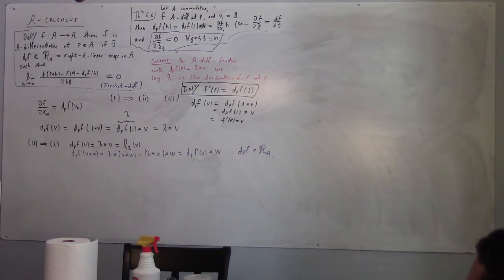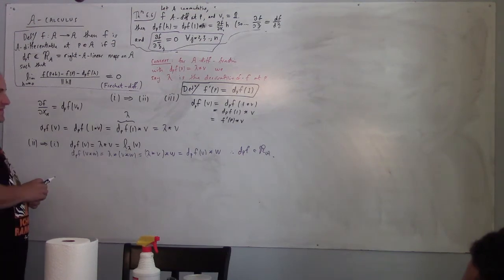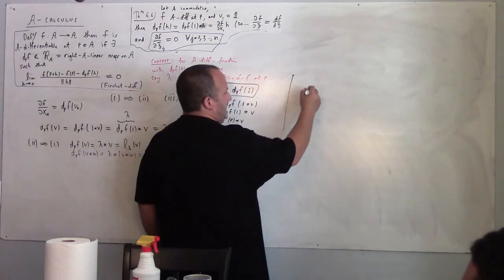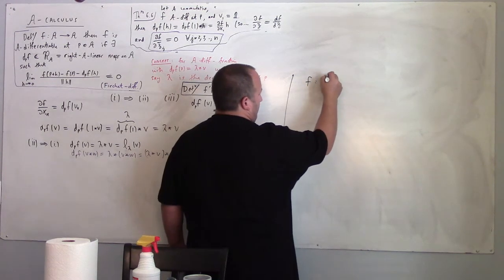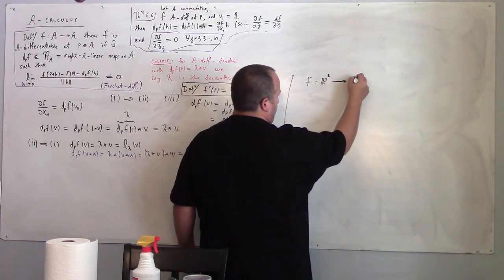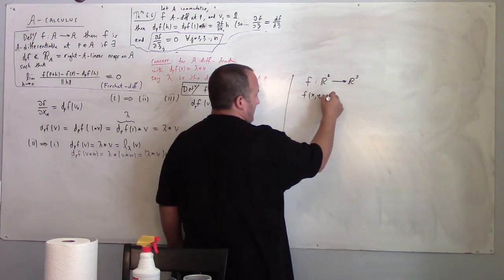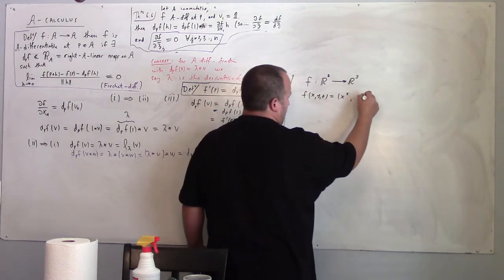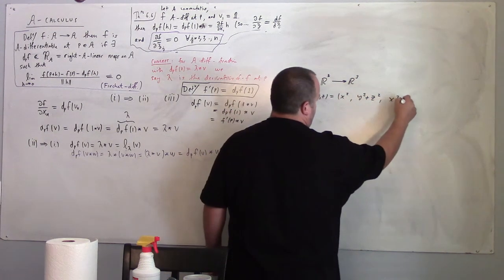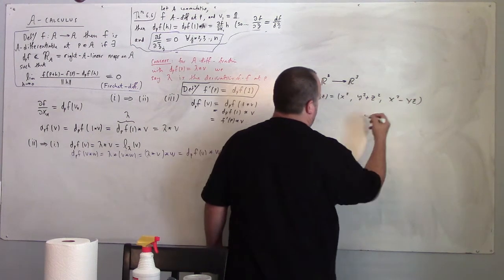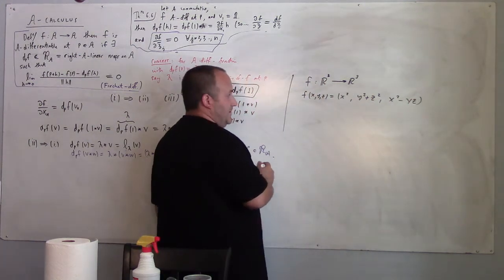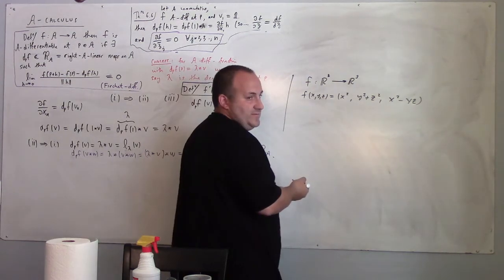Let me try to explain why this is so exciting. If I have a function from R3 to R3, something like f of x, y, z equal to x squared, y squared plus z squared, x squared minus x, y, z, whatever. What does the differential of this look like?